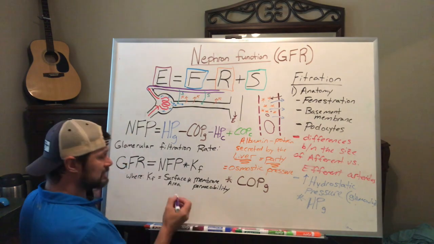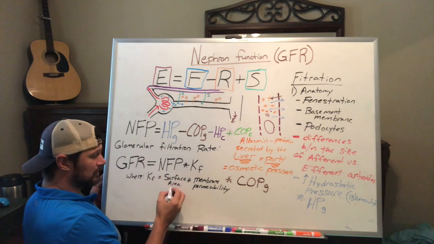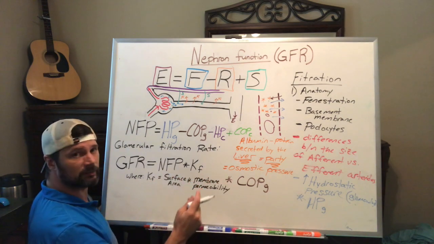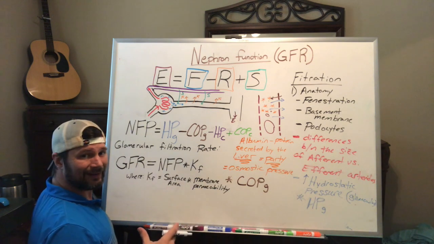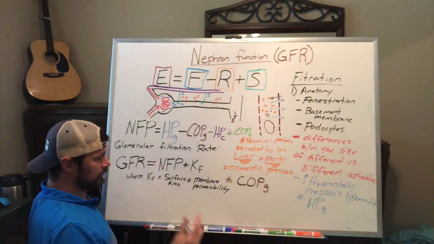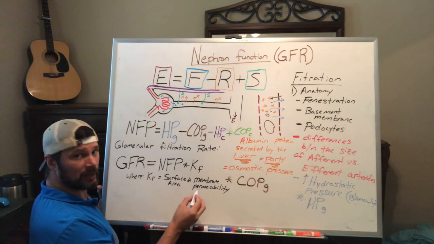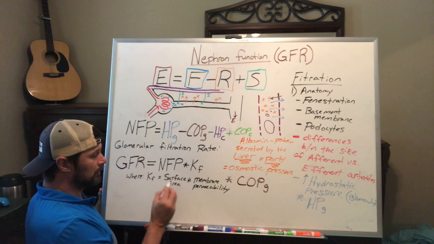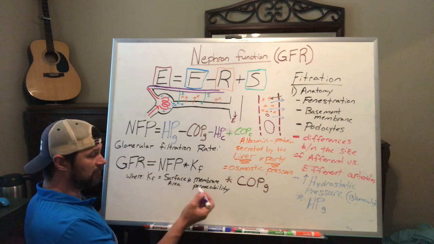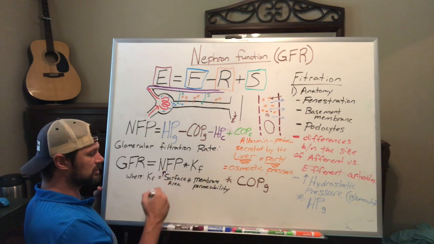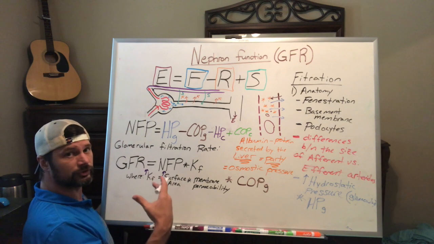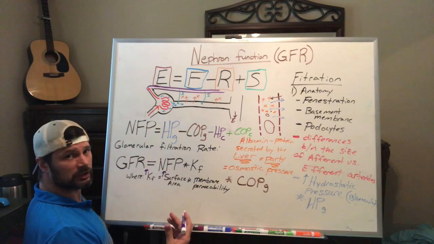Now hopefully you guys can see that the surface area of the glomerulus and the membrane permeability of the glomerulus, in normal physiology, will affect one another. So as the surface area goes down, membrane permeability will go down. And as the surface area goes up, membrane permeability will go up. And if either one of these variables changes, say for instance surface area increases, what would happen to filtration? It would increase.